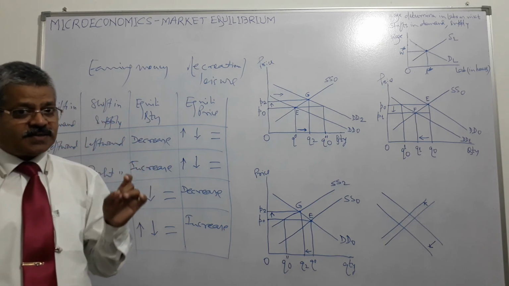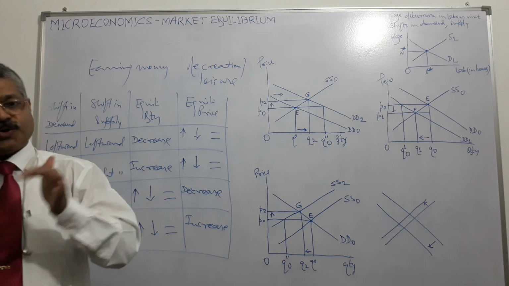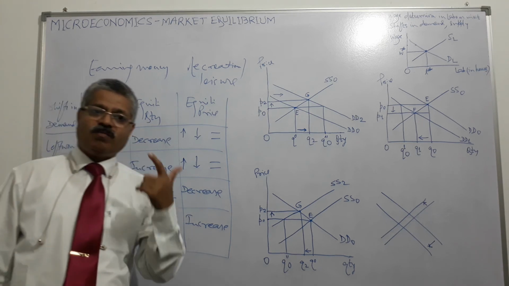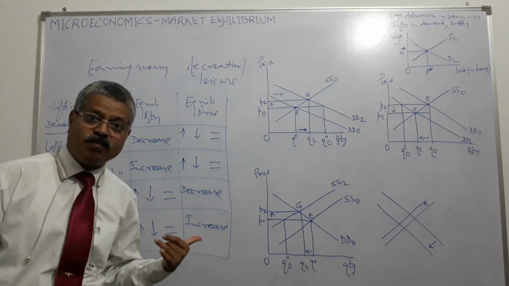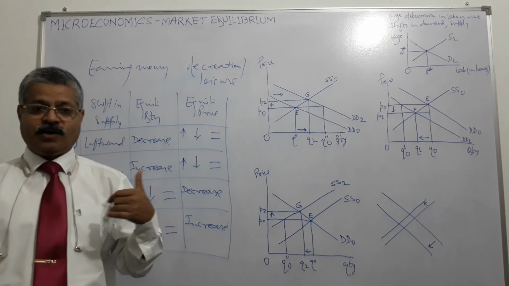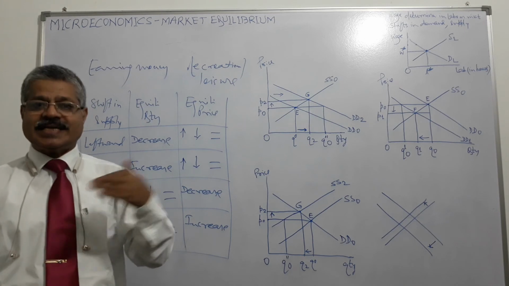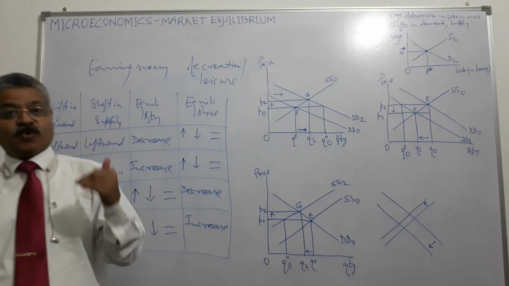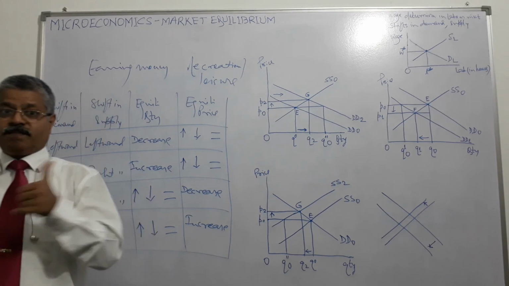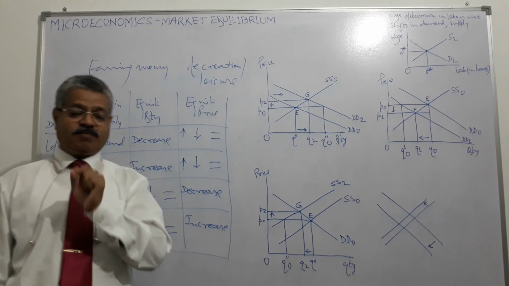Then we discussed the extra output produced by one more unit of labor. The firm is employing one more unit of labor, and on account of that, whatever extra output is generated is called marginal product, MP, and a small l, marginal product of labor.